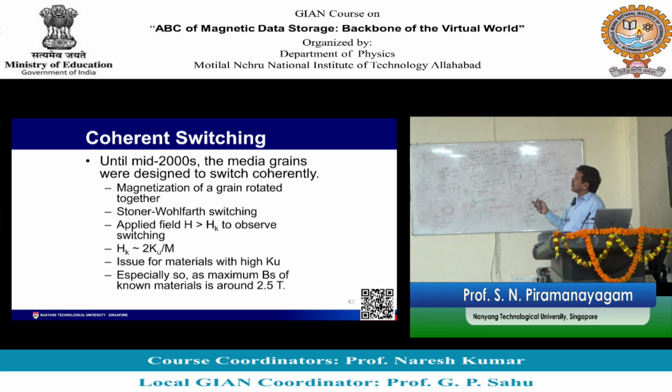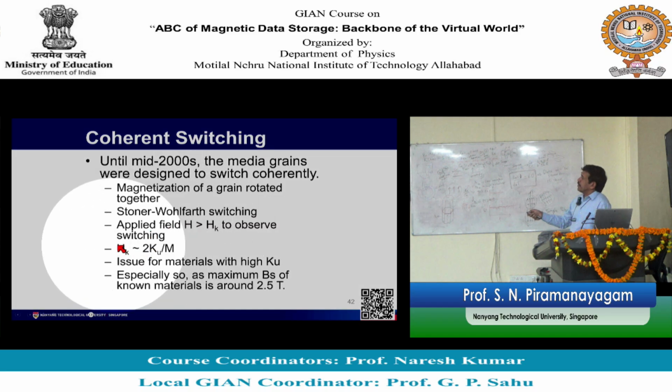Okay. So far I have been discussing that the magnetic recording grains that we have in the recording media should switch by Stoner-Wohlforth reversal mechanism. Okay. In this case, the anisotropy field of your material is proportional to 2 Ku and inversely proportional to m, and this is what will limit the field.